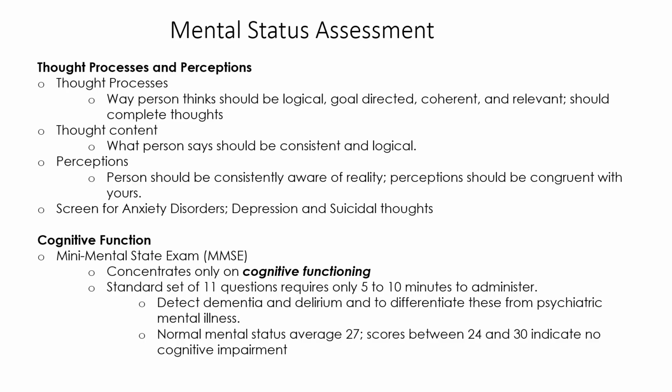Screen for anxiety disorders. So you want to assess for any depression or suicidal thoughts. And to check for the cognitive function, we can do a mini mental exam. Now, the mini mental exam only concentrates on cognitive function.